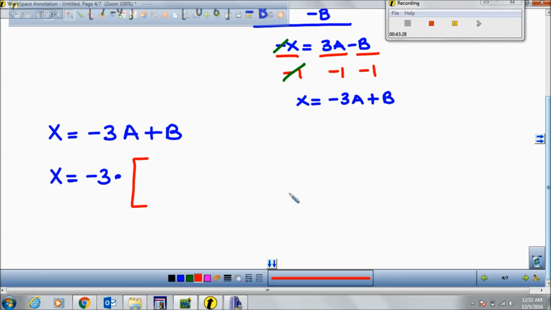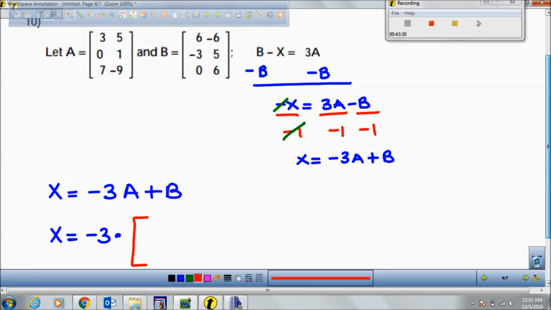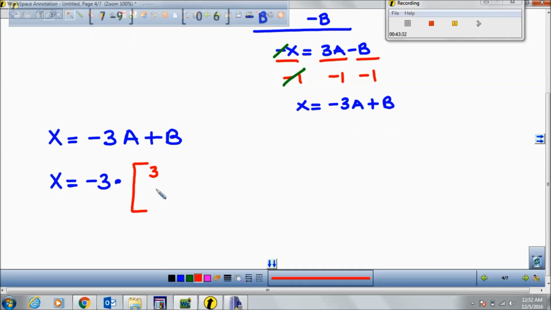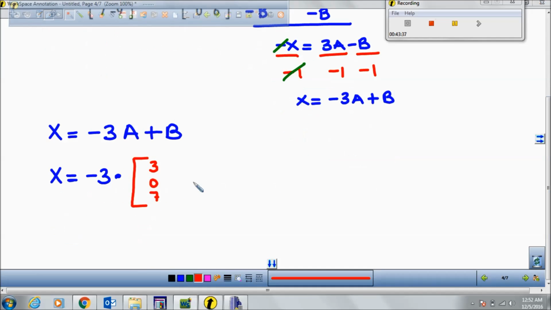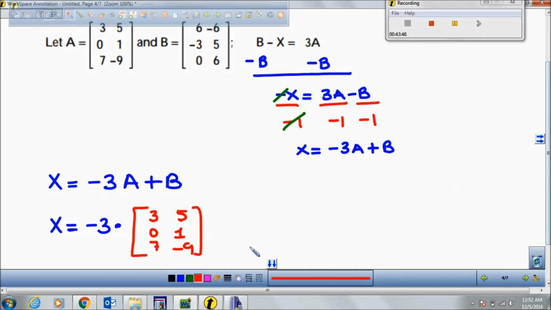It's going to be your matrix. 3, 0, 7, your matrix A. 5, 1, negative 9. Plus matrix B. 6, negative 3, 0, negative 6, 5, and 6.